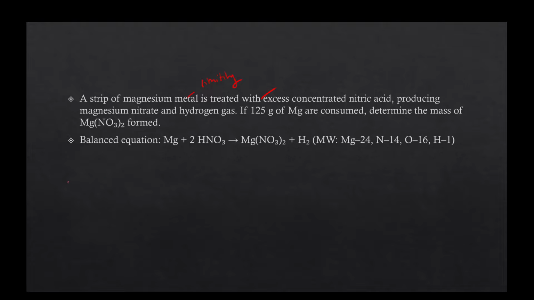Okay, so 125 grams of magnesium metal. So magnesium is 24 grams per mole times the reacting ratio is 1 magnesium is 1 magnesium nitrate.